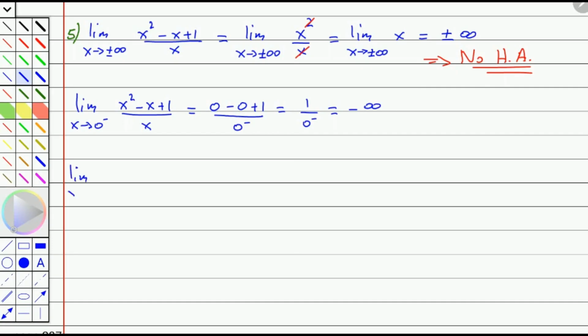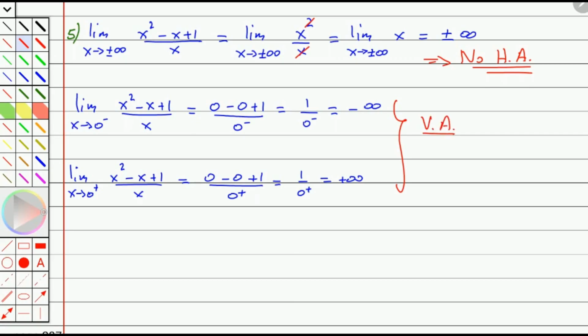And limit as x approaches 0 plus of (x squared minus x plus 1) divided by x equals 0 minus 0 plus 1 over 0 plus, equals 1 over 0 plus, equals positive infinity. So the singularity will give us a vertical asymptote x equals 0. Because it's vertical, it's going to be x equals something. x equals 0 in this case.